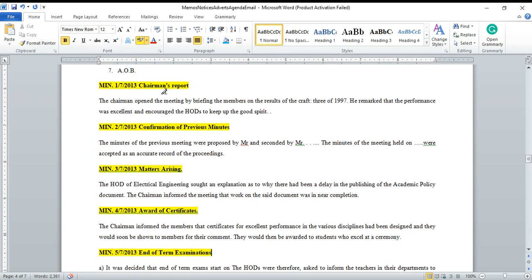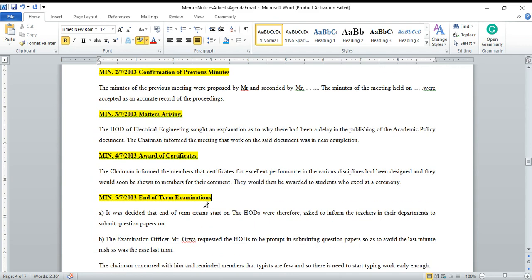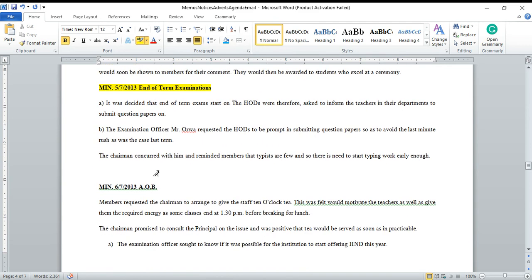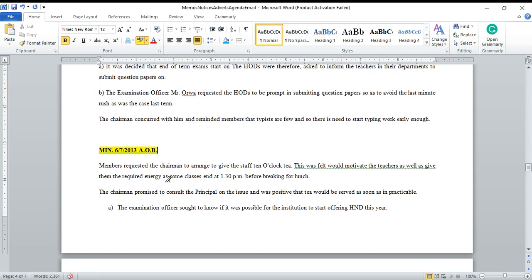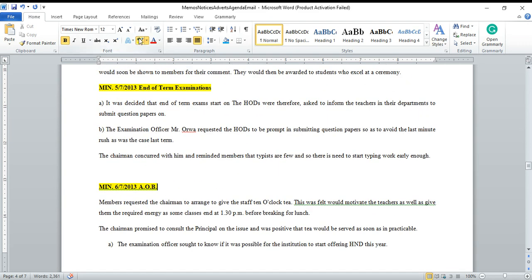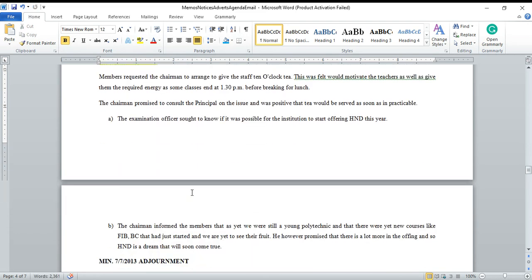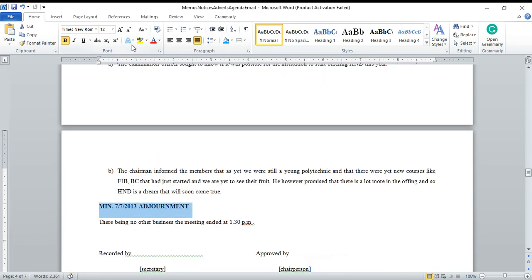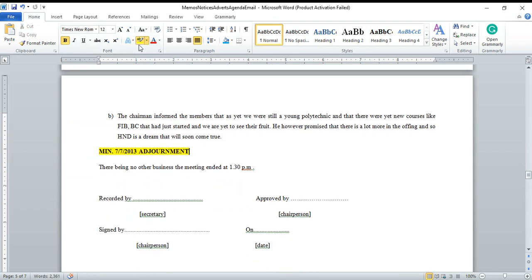Then they should have a confirmation of previous meetings, matters arising, award of certificates, end of term examinations. Then we can have the AOB. These are some of the things that typically form part of minutes. Then we need to have adjournment.